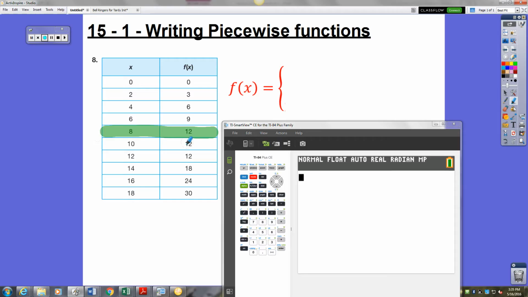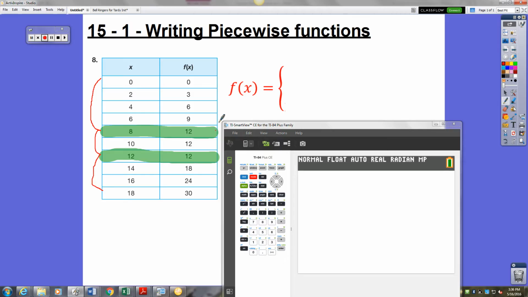And then it stays at 12, stays at 12. Oh, now we're counting by sixes. So go back to this 12 and highlight it. So this shows that we have 1, 2, 3 pieces. This set of data, this set of data, and this set of data.